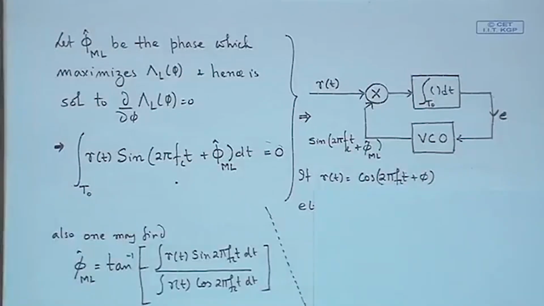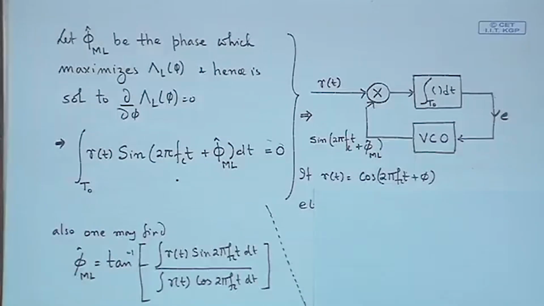Just to remind, one could also get the phi_ML as stated in this particular expression, which we had used in the previous discussion when we did sinusoidal phase estimation. The only difference here is we have used the integration instead of a summation.